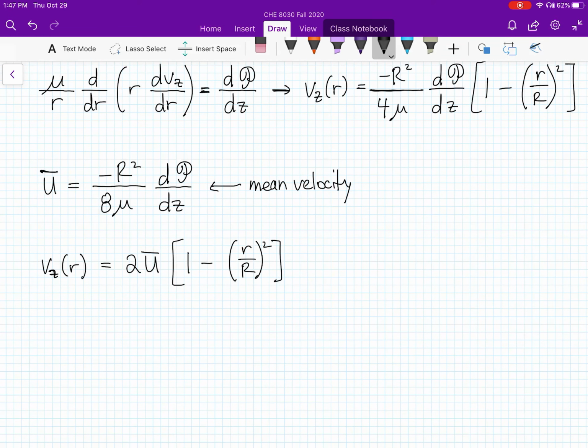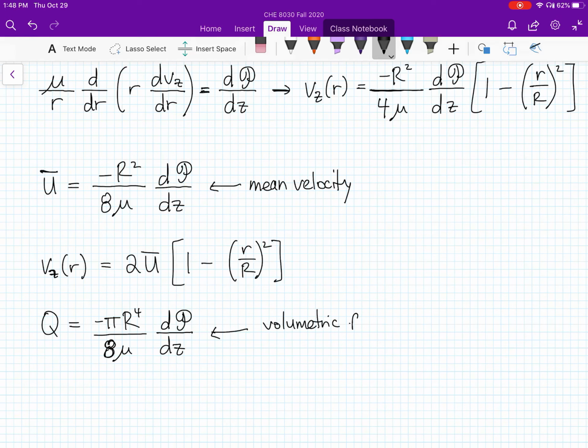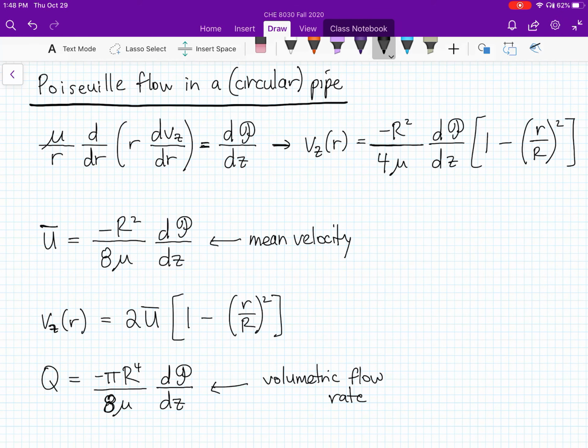And I can also write a volumetric flow rate. So this is simply a volumetric flow rate. This is not a volumetric flow rate per unit width. So here I'm using uppercase Q. And that is the expression for the volumetric flow rate, again, when we are talking about fluid flow in a circular pipe.